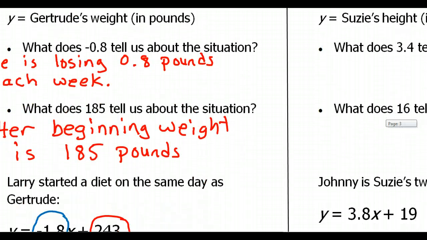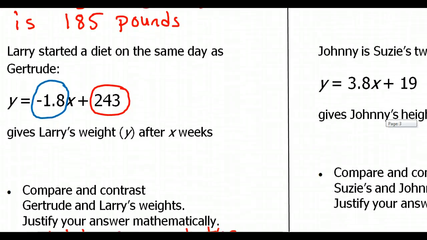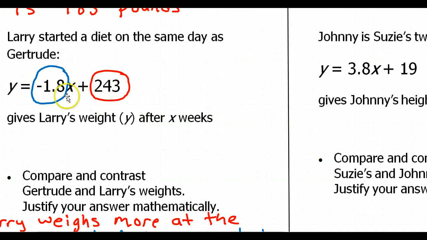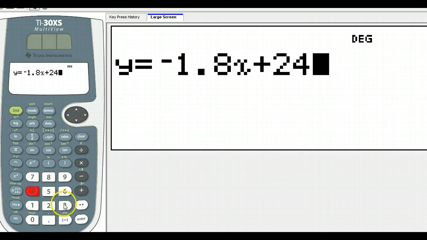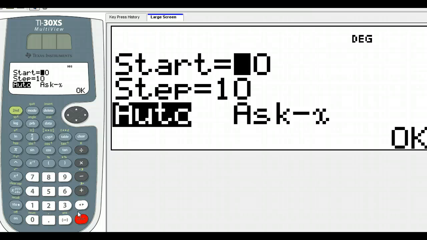So now it's time to take another look at Larry's weight over time. Again, that's negative 1.8x plus 243. So here I'm going to look at Larry's weight.